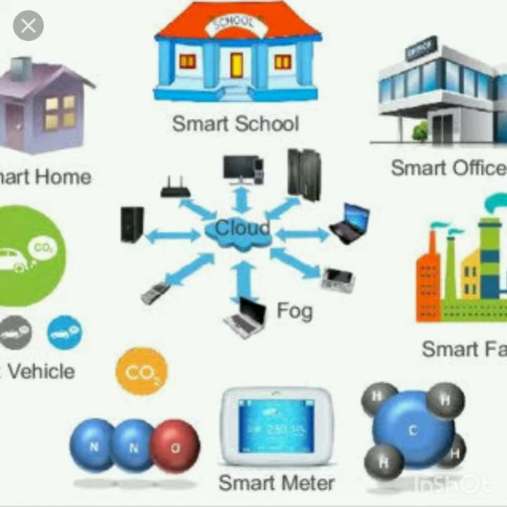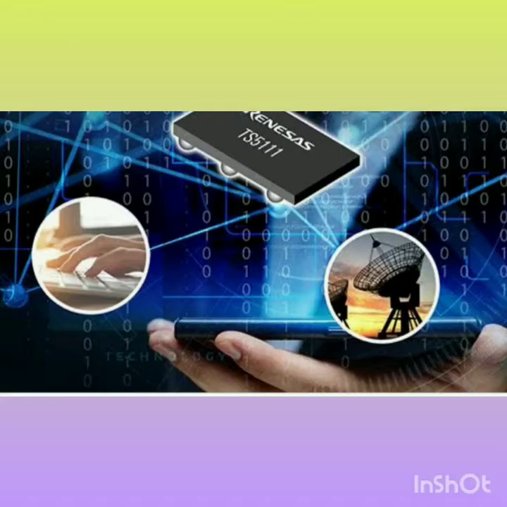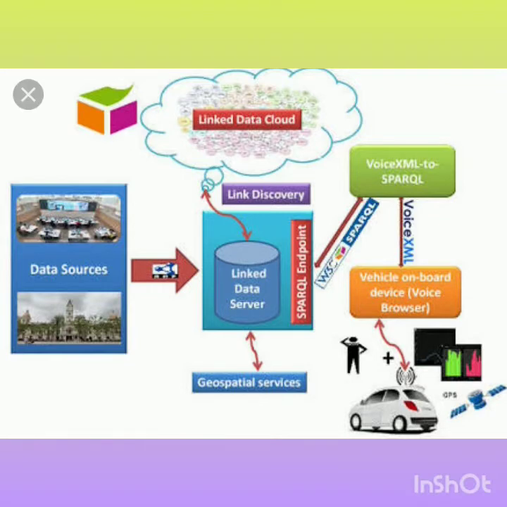ICT uses sensors. What are sensors? A sensor is a device which detects or measures a physical property and records it to monitor the city in real time. The data so gathered is analyzed and used to improve services in the city.